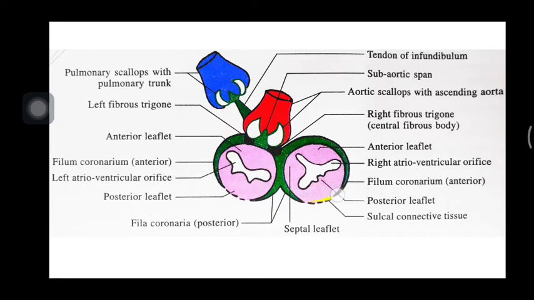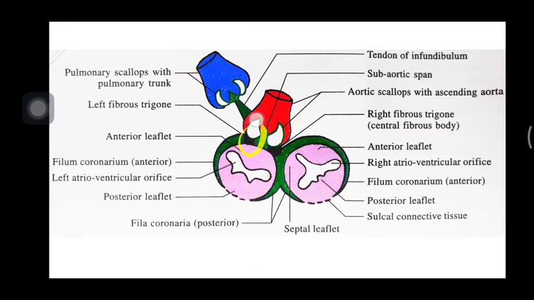the fila coronaria. Next, this central region will be known as the right fibrous trigone, which is shown in black color over this region. Also, that lies almost in the center between the aortic annulus, mitral annulus and the tricuspid annulus.